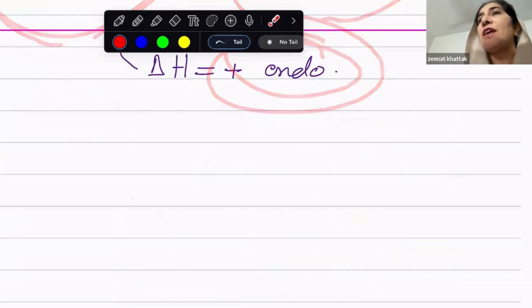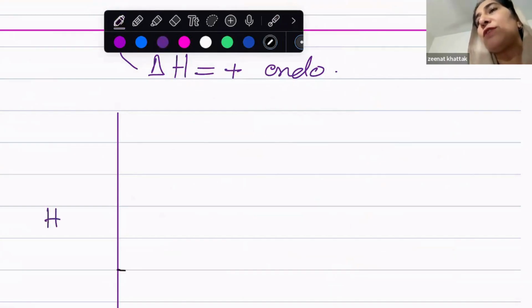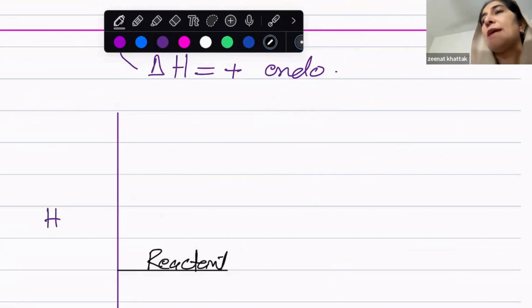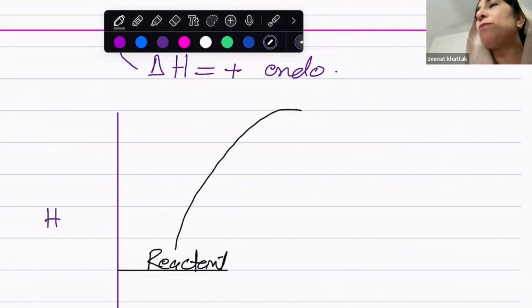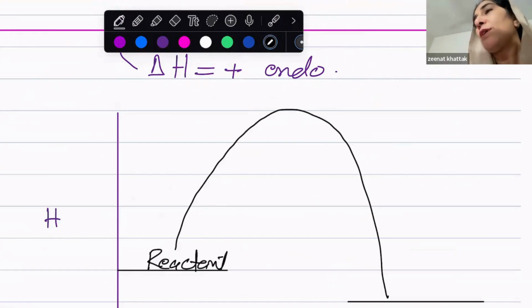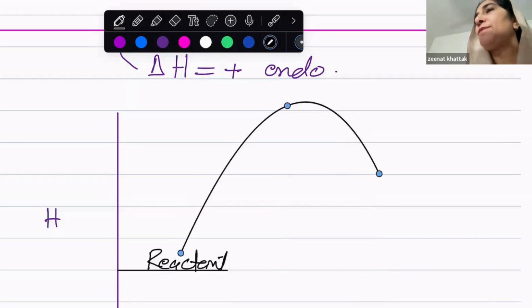So if I draw the energy profile for you people, it would be like this. An energy profile. This is enthalpy. This is reactant. They absorb more.